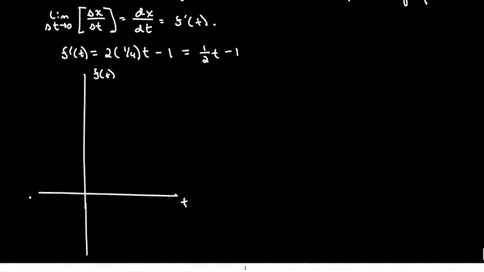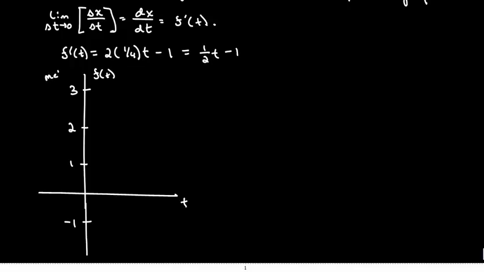We're probably not so concerned when time is negative. So let's look at this function. We know here's -1, here's 0, here's +1, +2, +3. It doesn't really say what the position is measured in, so let's just assume meters.